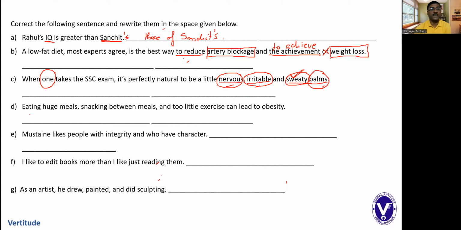can lead to obesity. Now, eating huge meals, ing form, snacking between meals, again ing form, and too little exercise can lead to obesity. So, what all things can do? Eating huge meals.